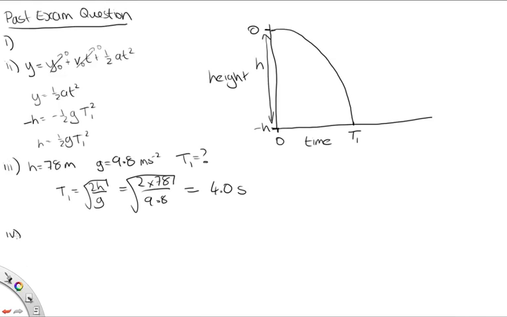Okay, in part 4, it says on the same displacement time graph, show the sound wave, and it doesn't need to be to scale. Now, sound travels at a constant velocity, unlike the stone which was accelerating.